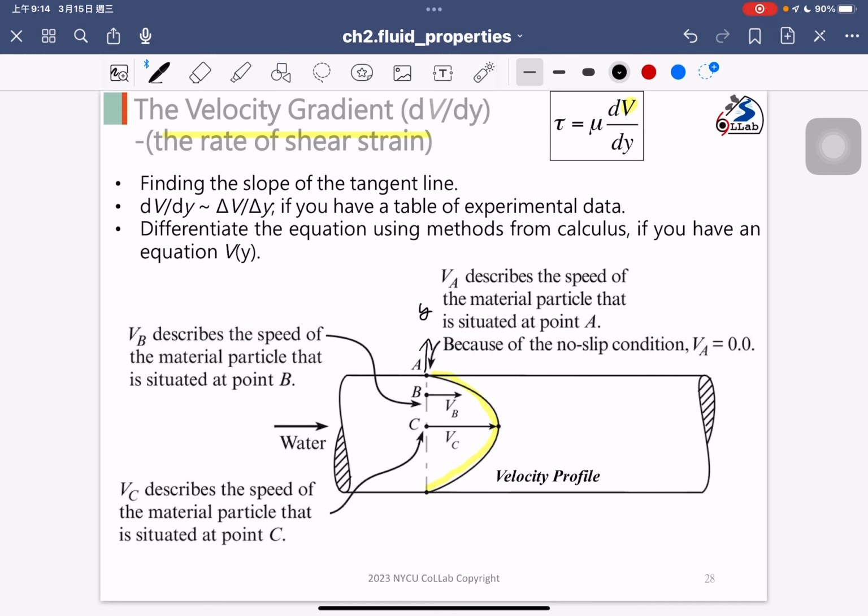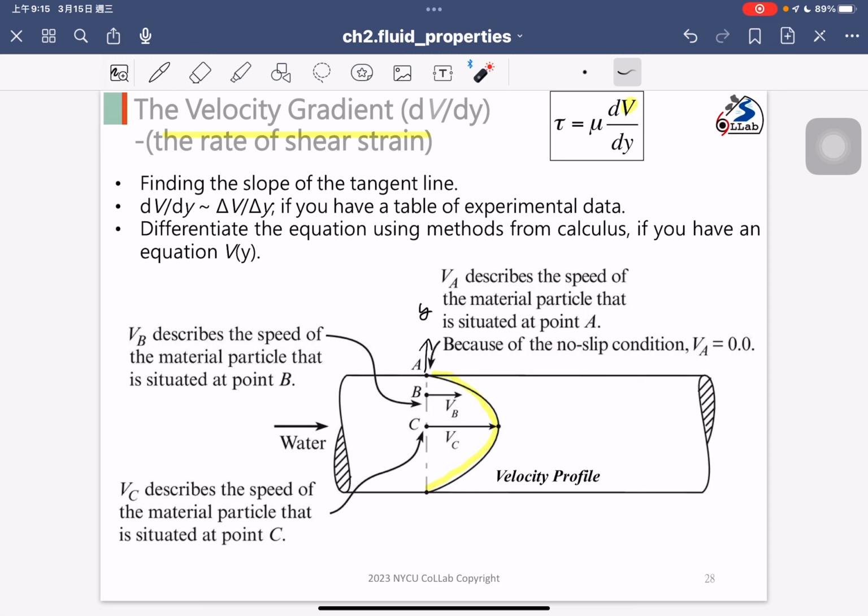That means if we know the parabolic function shape and we have the velocity as a function of the y-axis, we can easily compute the gradient. That's why dv/dy is our gradient, because the velocity values change with different positions along the y axis.